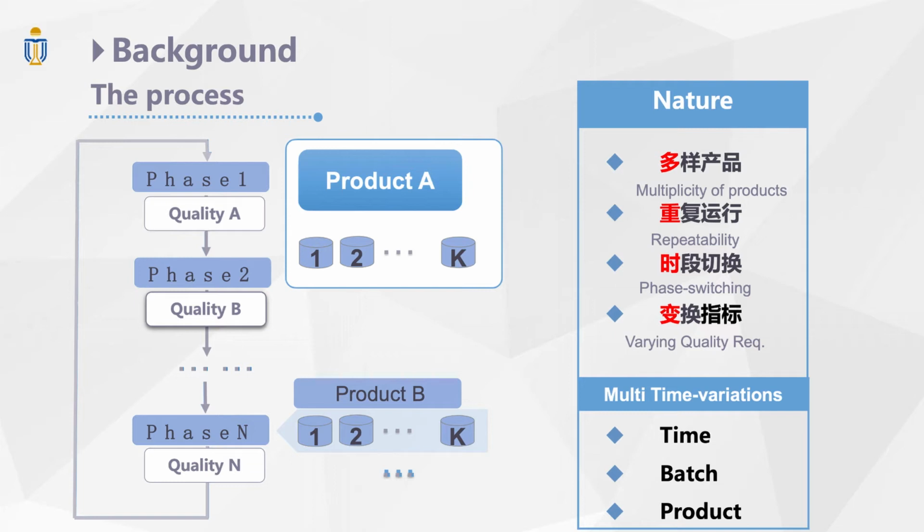They also change along batches and also change with product. We can take the batch process as having three time dimensions of different scale: one is the traditional time, another is batch time, and another is product time. So the batch process characteristics change with these three different time scales.